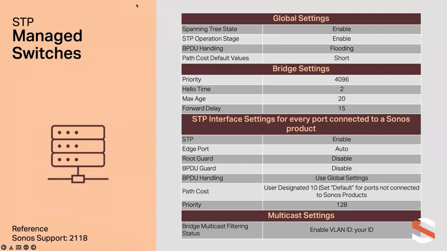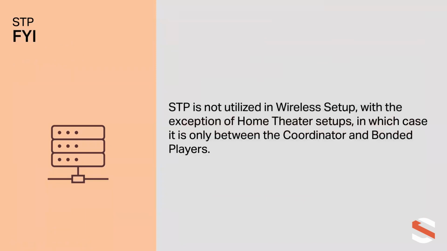All right, that should have been enough time to make sure you have that information. I'm happy to talk about this a little bit more if need be in our Q&A session at the end here. And keep in mind that STP is not utilized at all when you're not using wired Sonos.